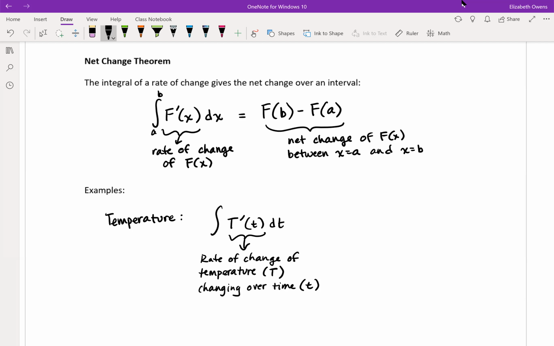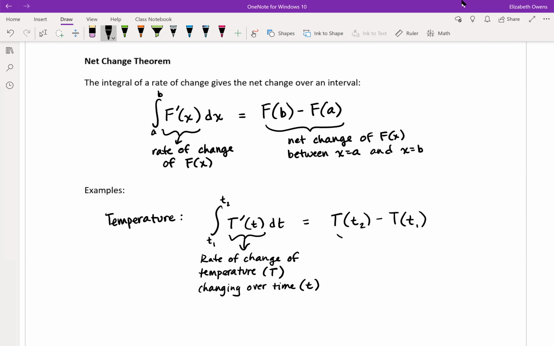All right, so if you had an integral like that, and it was between two different t values, we'll call it little t1 and little t2, this would give you the temperature at time t2 minus the temperature at time t1.